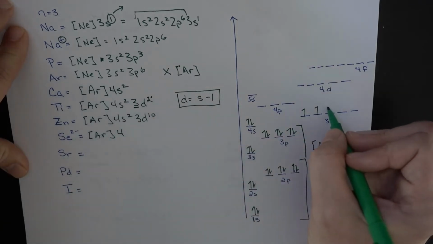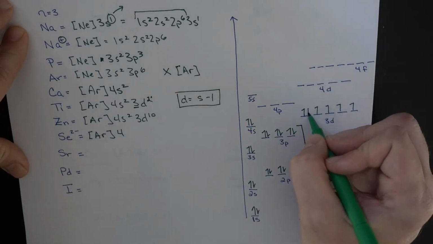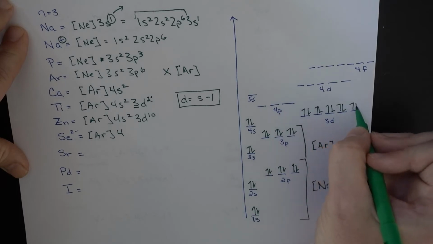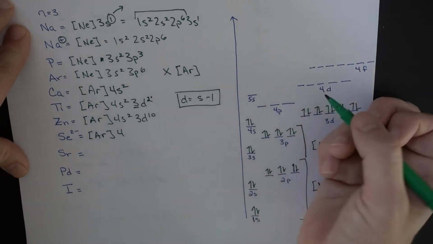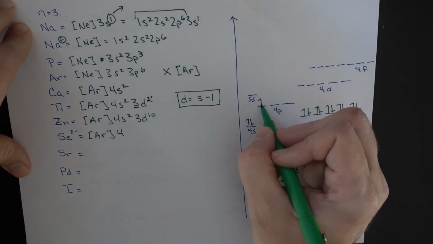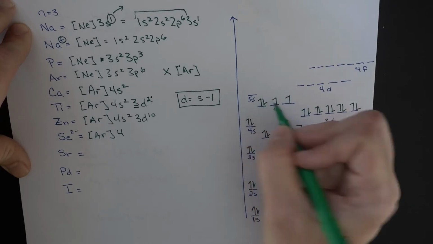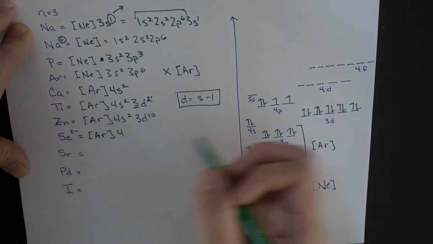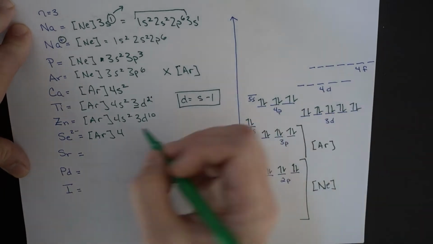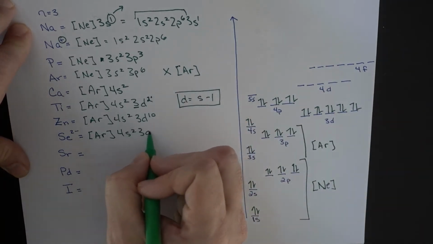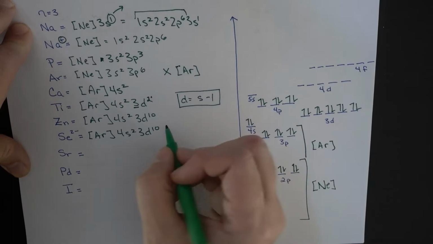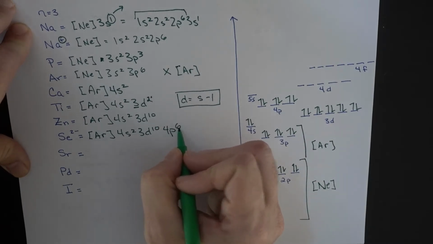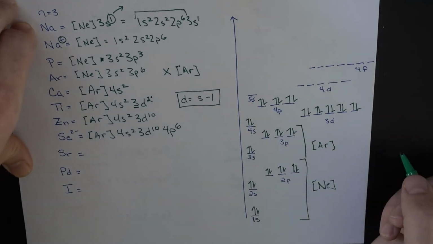So I'm sorry, I forgot to fill in for zinc here. So selenium would be like this. Then I get 2 extra electrons, so they go here and here. So 4s2, 3d10, and then all those fill up the 4p's. So I'm at 4p6. Okay?